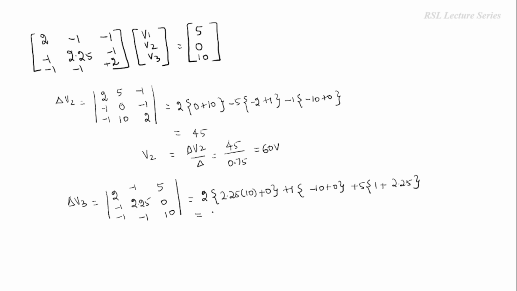On simplification, delta V3 will be equal to 51.25. So V3 is delta V3 divided by delta, 51.25 divided by 0.75. So this will be equal to 68.33 volts.